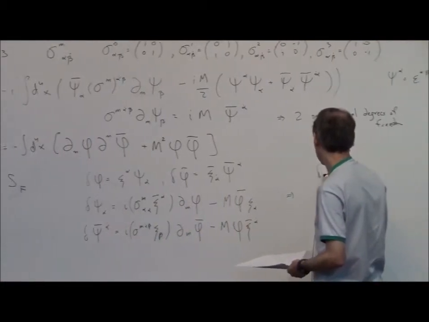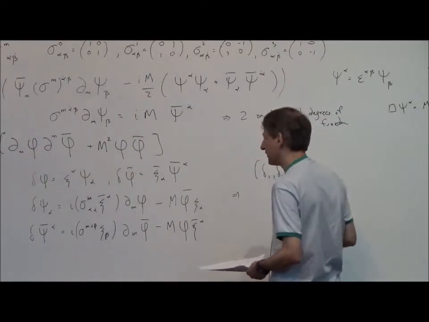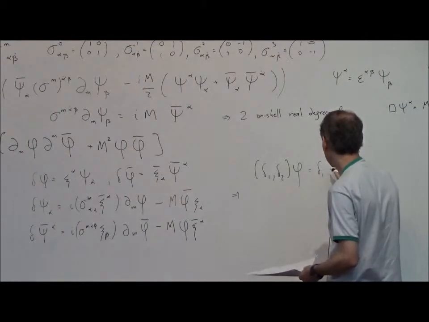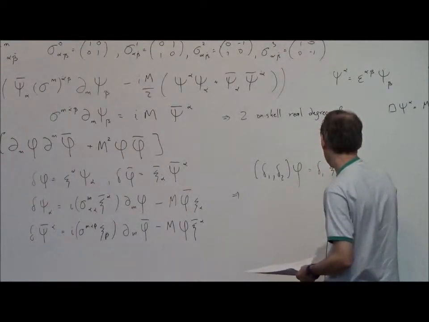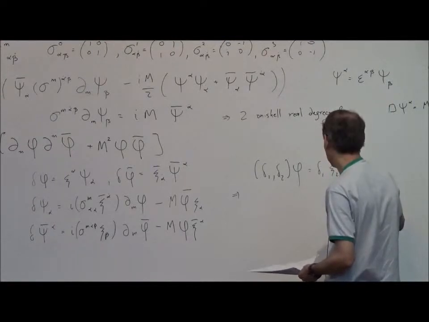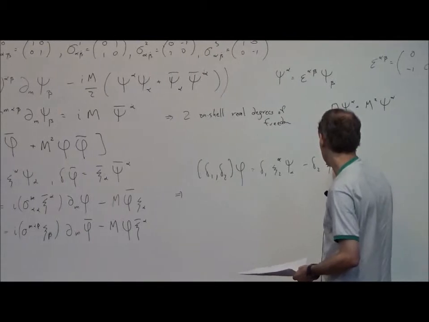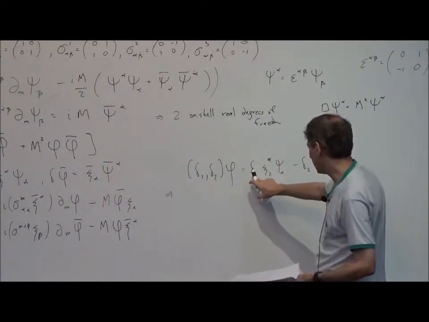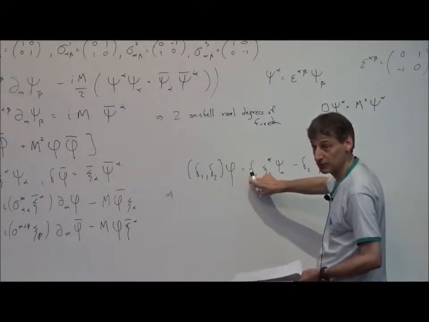We can compute delta 1, delta 2, phi. That's trivial. Okay, delta 1 delta 2 of phi is just C2 alpha psi alpha minus delta 2 of C1 alpha psi alpha. And now you need to be careful because this is bosonic, this is fermionic. Remember, this is bosonic, not fermionic.